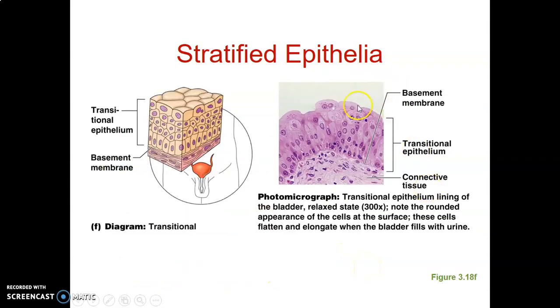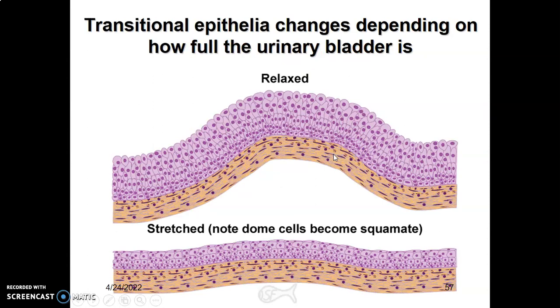So again, surface cells that are dome or umbrella-shaped, and they may be binucleate. Intermediate cells which are polygonal, and basal that are cuboidal. So again, dome-shaped, polygonal, cuboidal basal cells, and the presence of the pedicels.